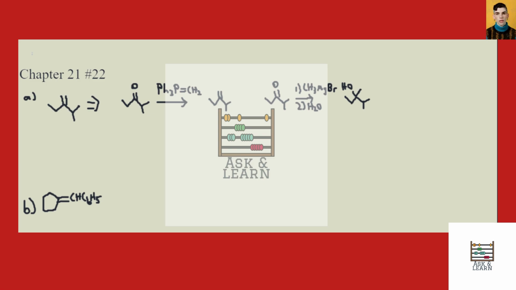And so the second step here is going to be to treat that intermediate with some strong acid, some concentrated sulfuric acid, and that's going to give us our desired product. However, we're also going to get some other products. In fact, our desired product is probably going to be the minor product.